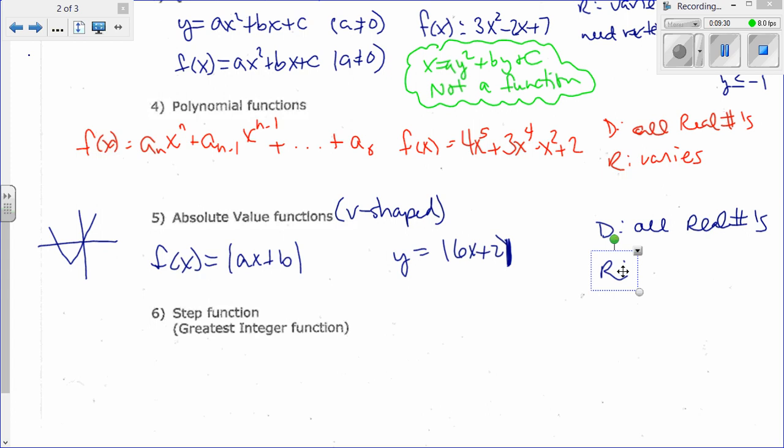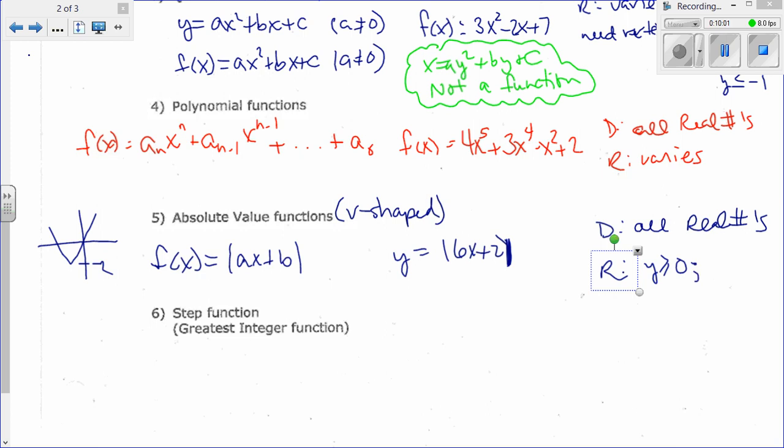It's going to change a little bit dependent on if my function has been moved up or down, but the range will be y is greater than or equal to 0 for the most part. Again, you'd have to look at your graph. Like in this case, the range would be, say that was -2. Everything would have to be greater than or equal to -2.